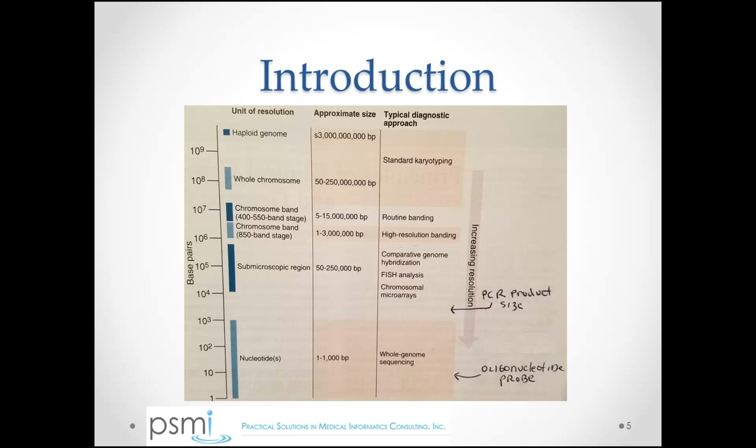And if it sticks, then you assume that it's complementary to the subject's DNA. So we'll look at these oligonucleotide probes, and what we're going to do in the slides that follow is start here at the microscopic view and work our way down to the molecular view.